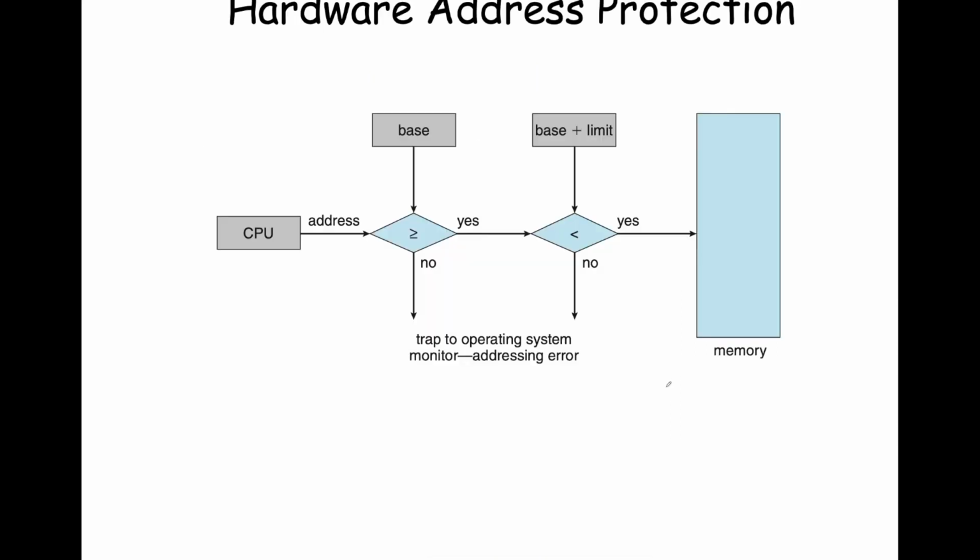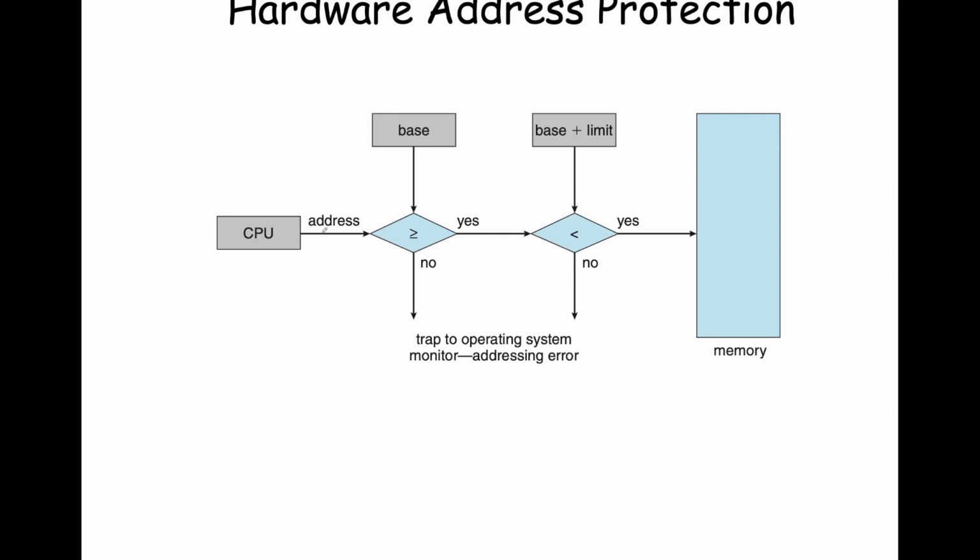Okay, so the hardware address protection occurs by checking whether or not one of these read or write request addresses generated by the CPU violates this block for the particular process defined by the base and limit registers.